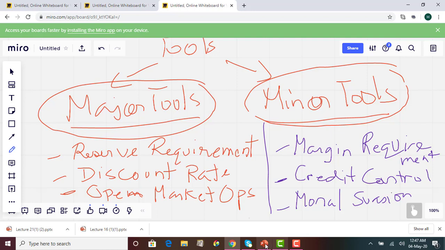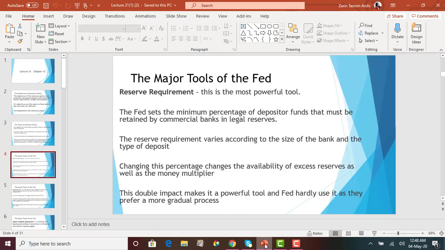So moving on to the next slide, the first major tool is called the reserve requirement. This is the most powerful tool to control the money supply. Remember this, reserve requirement is the most powerful tool to control the money supply. Again, if you remember from last class, the Fed sets a minimum percentage that banks need to keep as reserves, or on the side, when we deposit money.